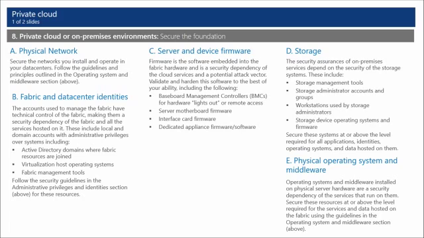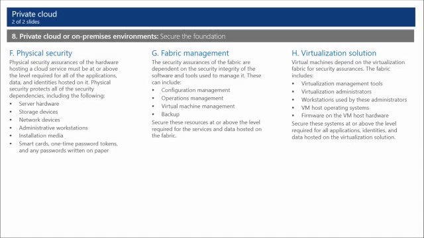You have adversaries able to attack the storage, the firmware, the stored files, etc. The physical operating system and middleware that's installed there. So again, roadmap 7 all over again in AD there. And physical security of the data center, the fabric management, the virtualization solution. So there's a significant amount of security that gets added if you do a private cloud.